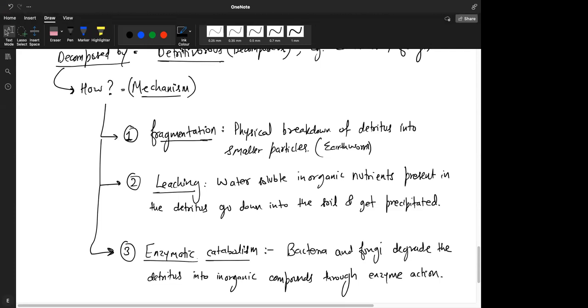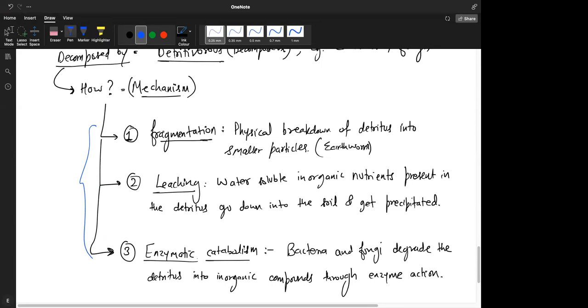Thank you for informing. Okay, so as I told you, all these steps are not sequential. I've written it as 1, 2, 3. Does not mean they only happen as 1, 2, 3. So just make an important note that these steps can operate simultaneously on the detritus.